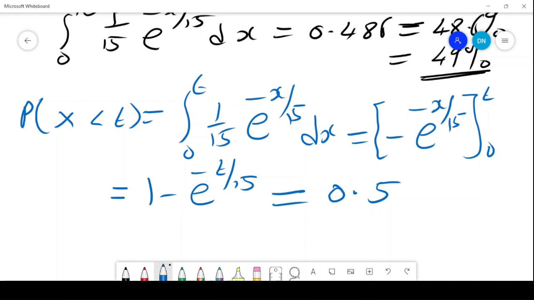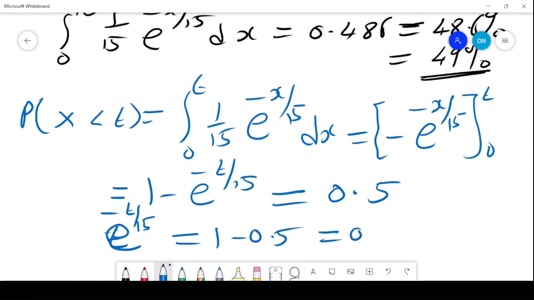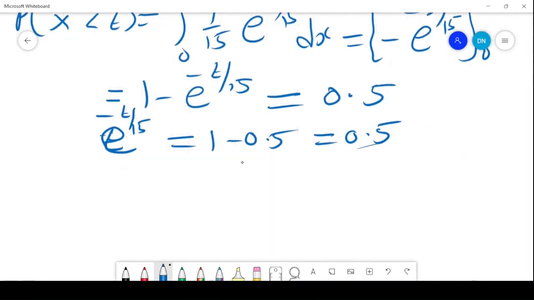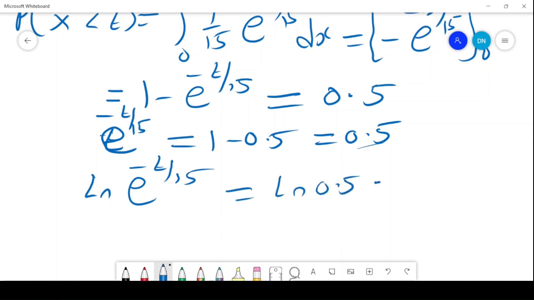If I rewrite my equation, then it means that e raised to minus t over 15 is equal to 1 minus 0.5, which is 0.5. Then I introduce the natural logarithm on both sides. So ln of e raised to minus t over 15 is equal to ln of 0.5, which is equal to negative 0.693.